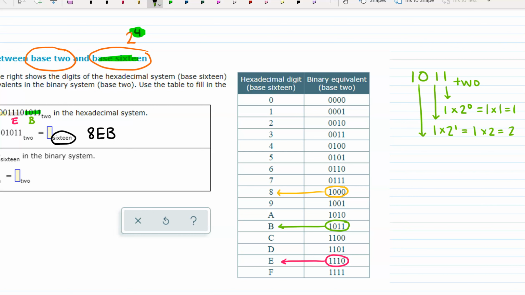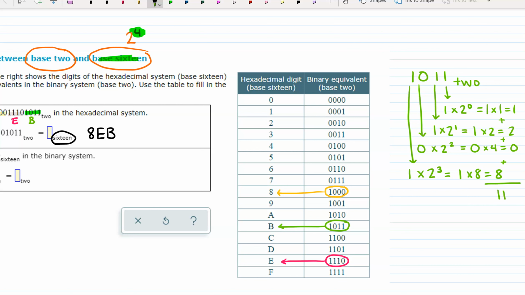This digit is 0 times 2 squared, so 0 times 4, which is 0. And then this digit is 1 times 2 cubed, and 2 cubed is 8, so 1 times 8 equals 8. So if I add these 4 numbers, 1 plus 2 plus 0 plus 8, that makes 11.